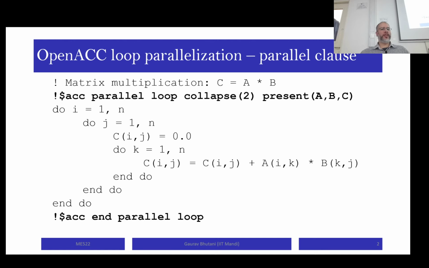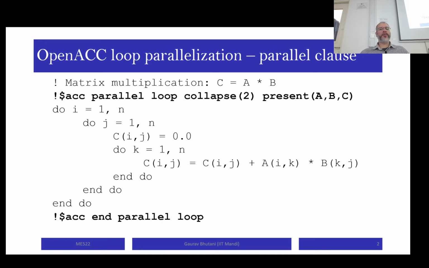This is telling the compiler that you have to parallelize these loops below. Loop means loop. In OMP, an OMP parallel simply created the threads, but with an OMP parallel do, the iterations of the loop get distributed among the threads. That's exactly the intent of this statement.